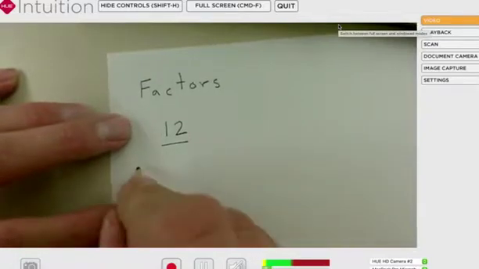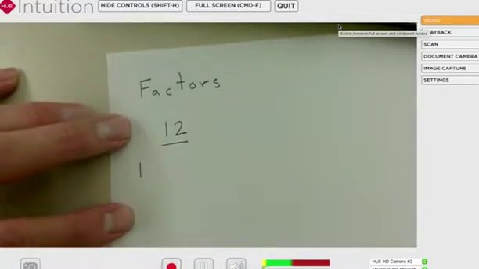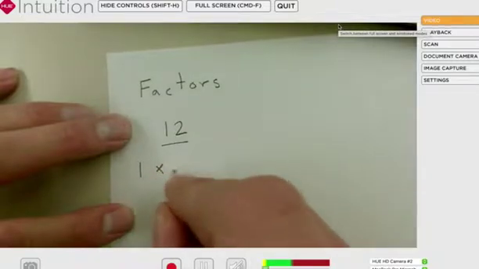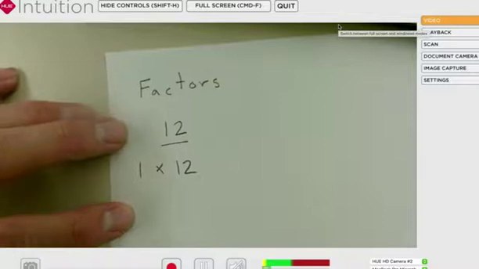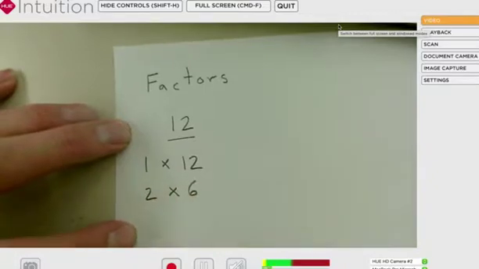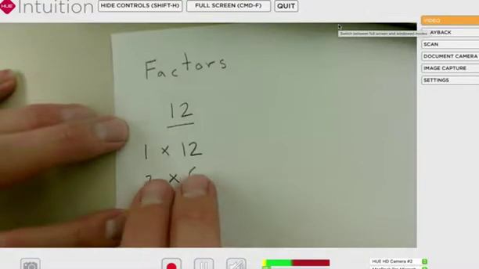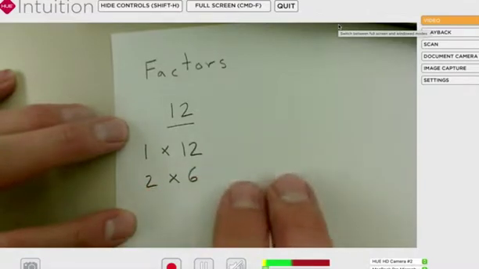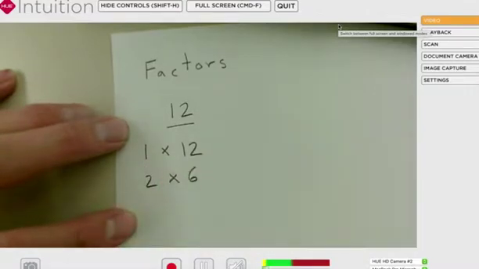So we should always start off with 1 times that number. 1 times every single number gives you itself, right? It's the ones rule. So we start with 1 times 12. Please write this down. And then we'll go up the line. What about 2? Yeah, we can do 2 times 6. Now, notice, because I've done 2 times 6, I cannot do 6 times 2. No turnarounds, please.